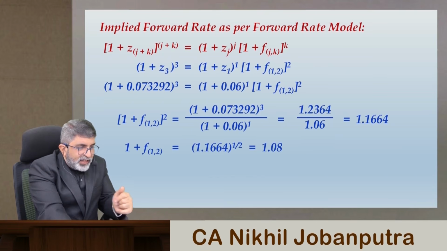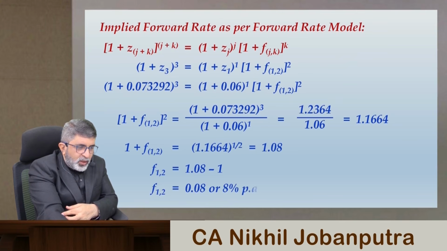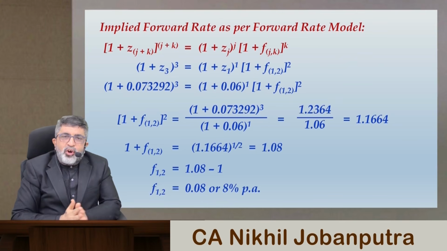So 1 plus F1,2 will be the square root of 1.1664, that gives you 1.08, and F1,2 will be 0.08 or 8%.